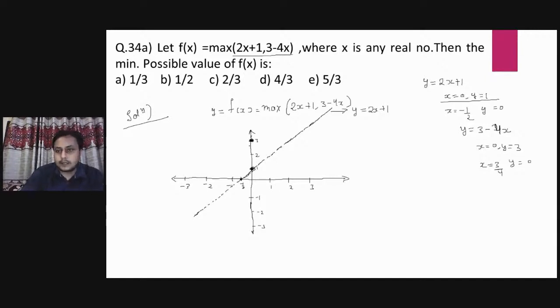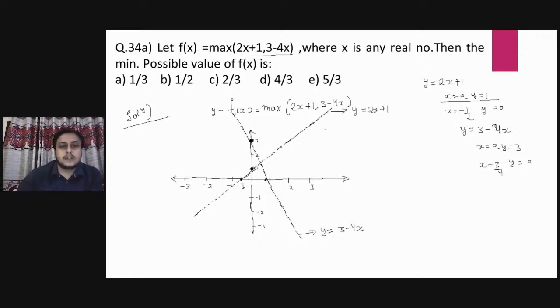And the second is y is 0 and x is 3 by 4, let's say this point. So guys, join these 2 points, you will get the equation of a straight line, right? So this is the equation of a straight line, that is y equals to 3 minus 4x.